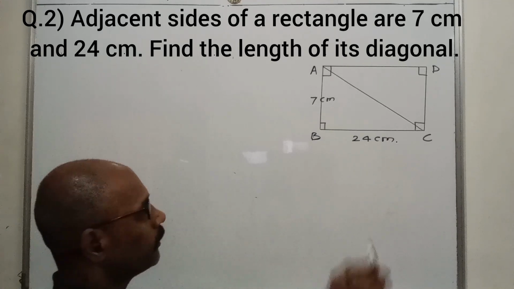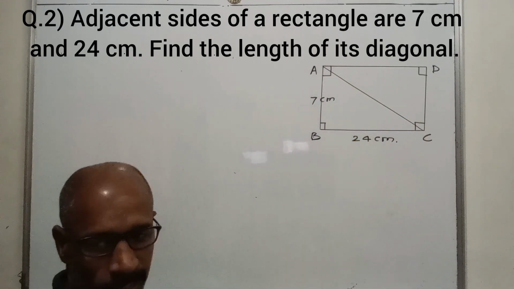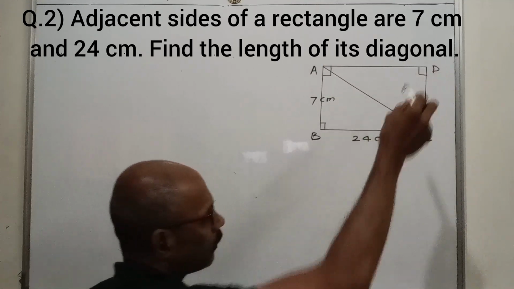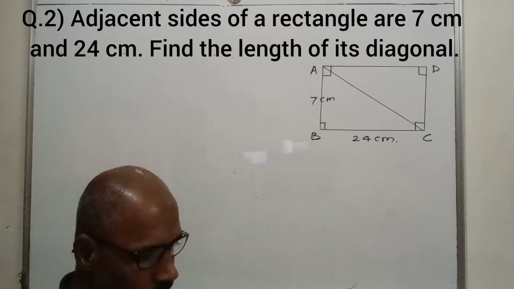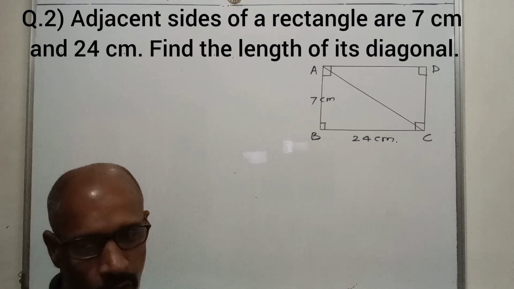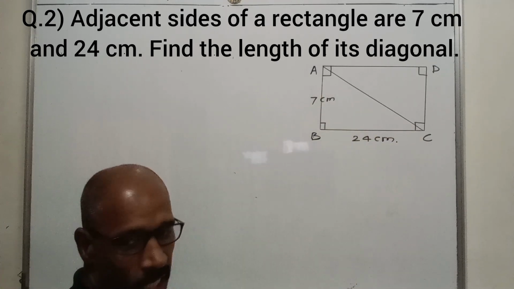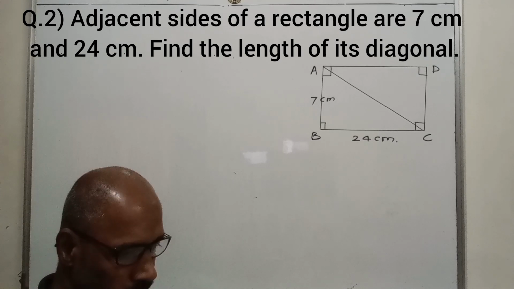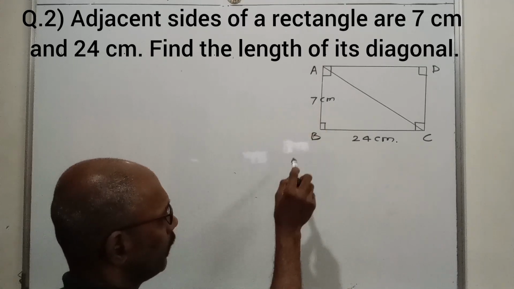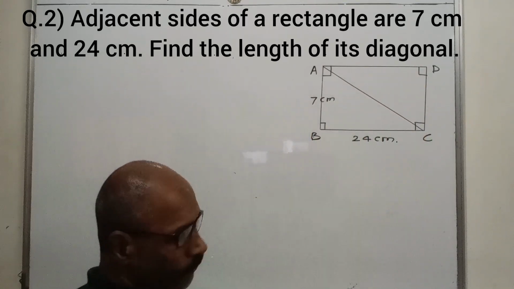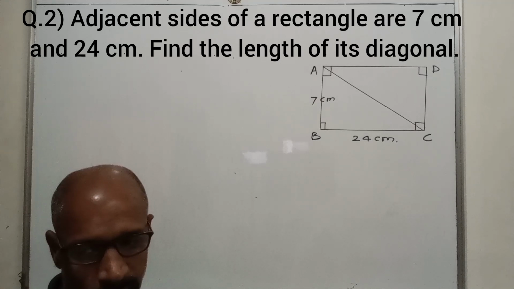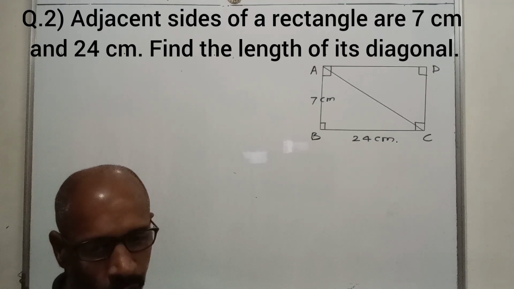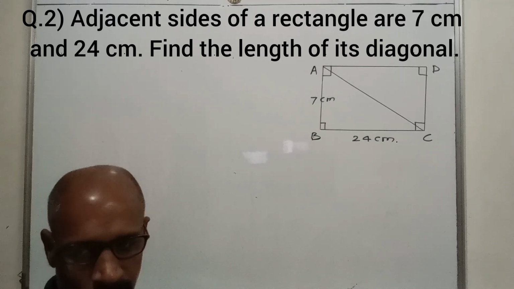Then find the length of its diagonal AC, or when we draw BD, that is also a diagonal. Diagonals of a rectangle are congruent. Each angle of a rectangle is 90 degree, or we say each angle of a rectangle is a right angle.